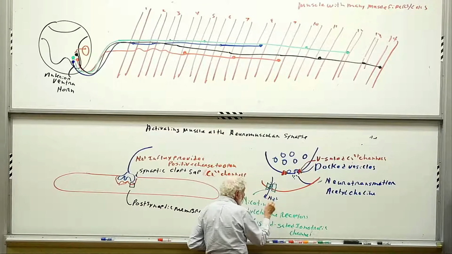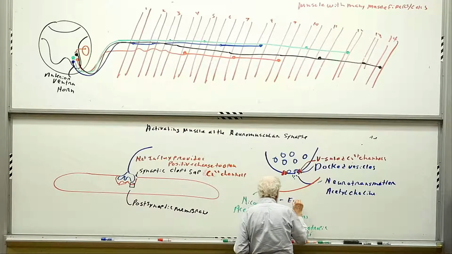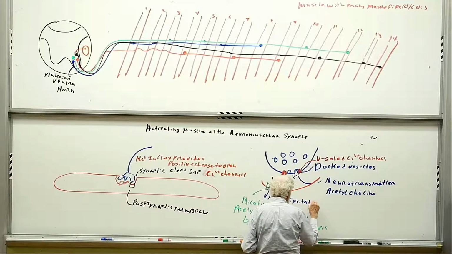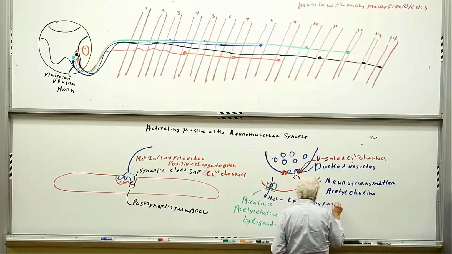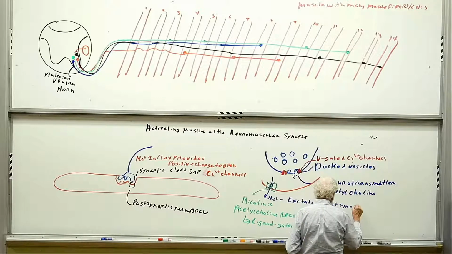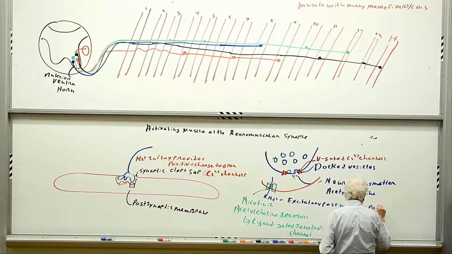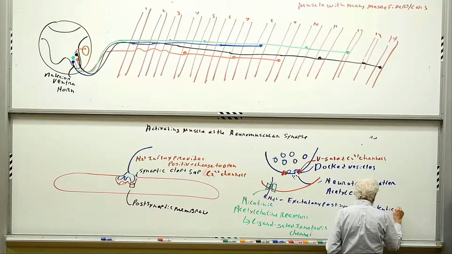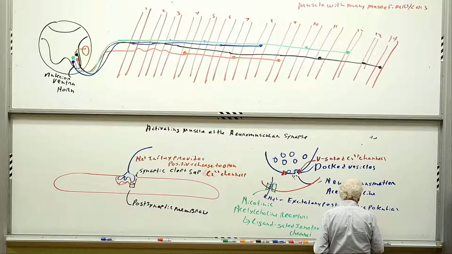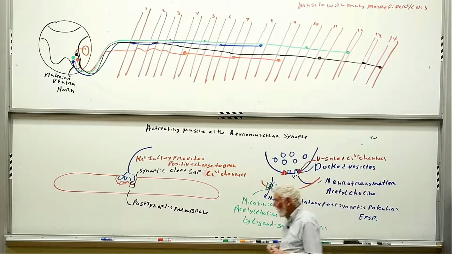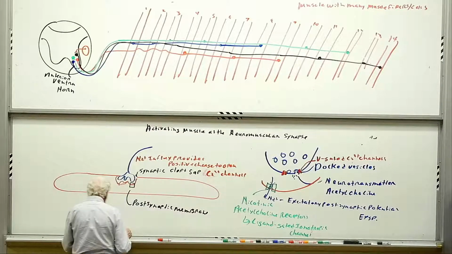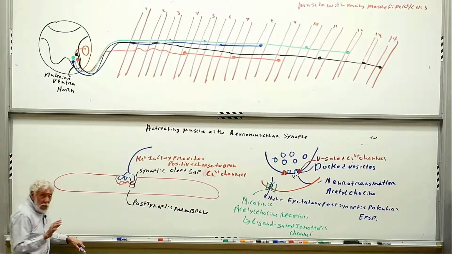This influx of sodium generates an excitatory postsynaptic potential, an EPSP. These EPSPs tend to be pretty big.